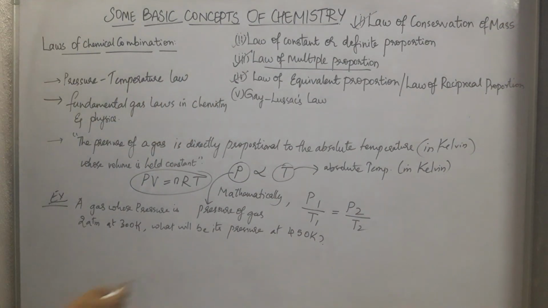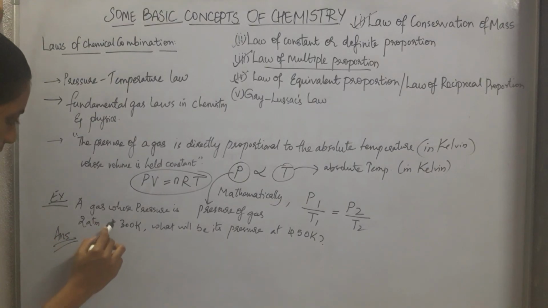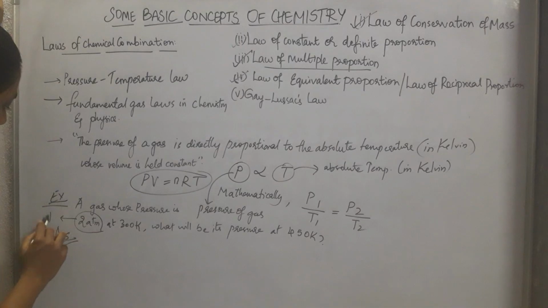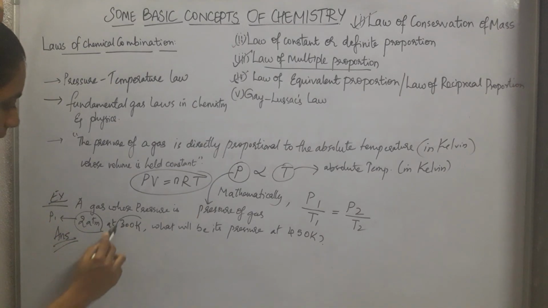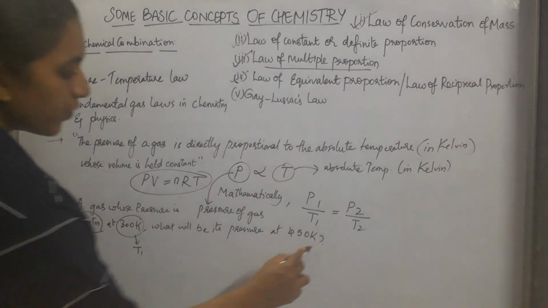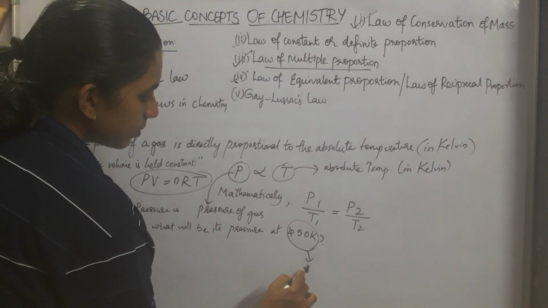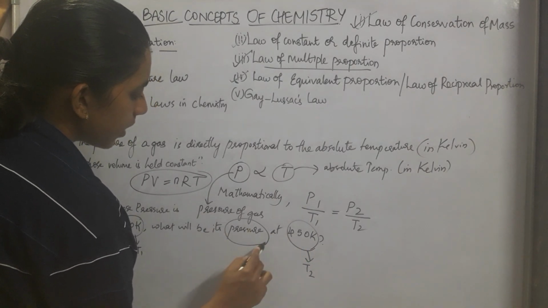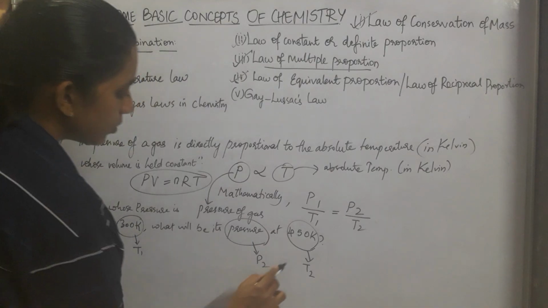How will we solve this? Let us take 2 atmosphere as P1 and 300 Kelvin as T1, 450 Kelvin as T2, and the pressure which we have to find out as P2.